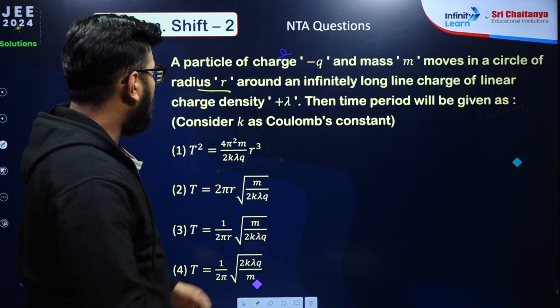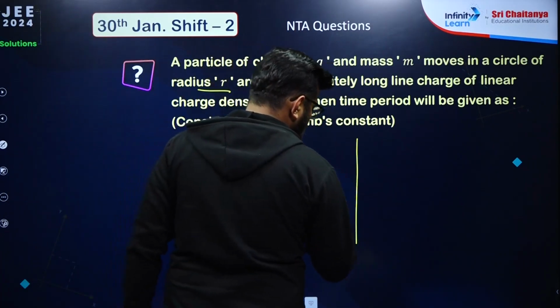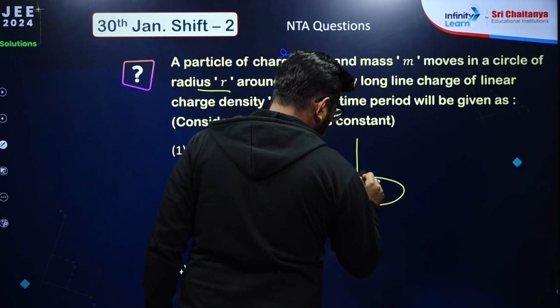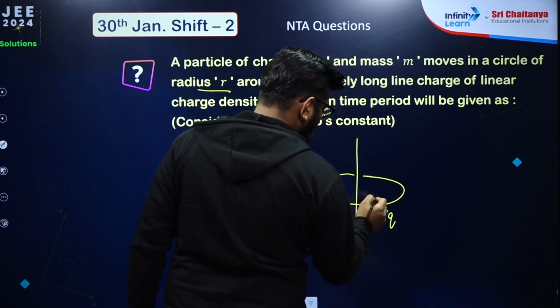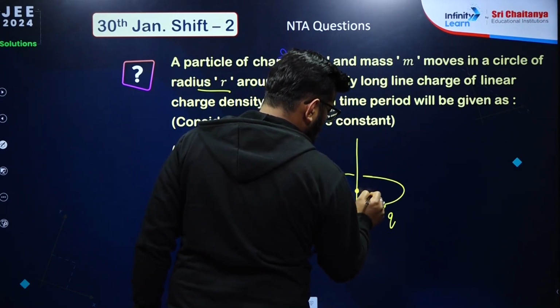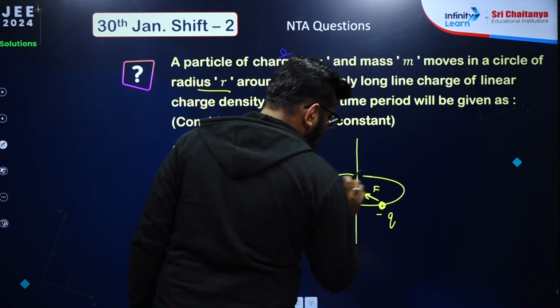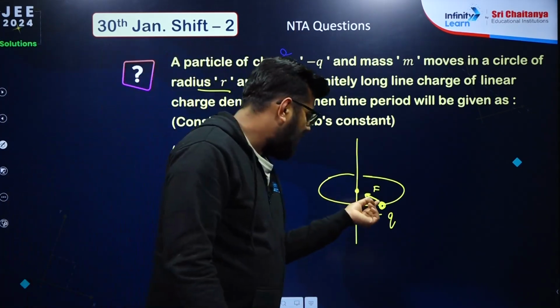What is happening over here is the line charge is applying a force on this charged particle, that is minus q, and obviously this force is attractive in nature towards the circle. Whatever the attractive force is, it acts like a centripetal force.